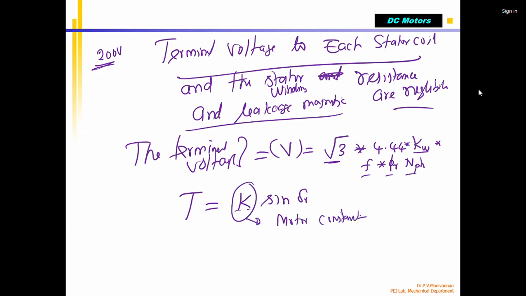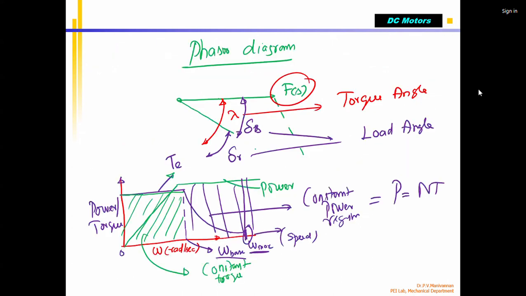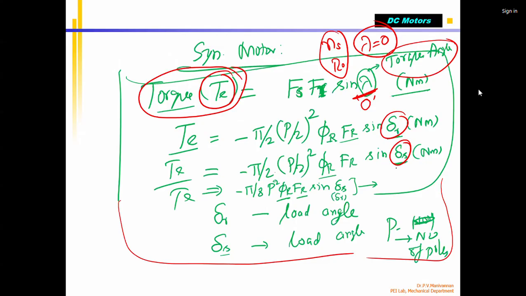K represents the whole thing that we saw, correct? The whole thing is called as motor constant K, because it depends on pi by 2 into number of poles into phi R. For a given motor, the manufacturer may give the motor constant for the synchronous motor, correct?